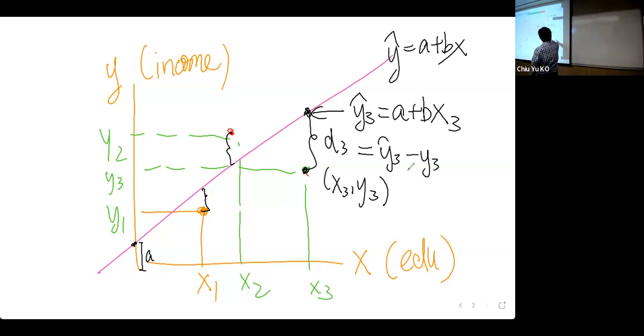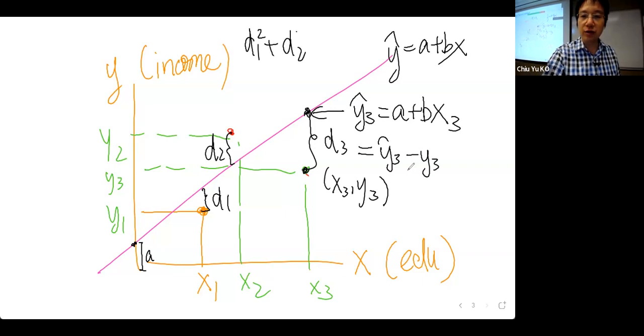So we add every d together. This is d3, this is d2, and this is d1. We find a and b to minimize d1 square plus d2 square plus d3 square. So we just move the knob up and down, changing a, or we rotate the line by changing b, such that the sum of these distances is minimized.